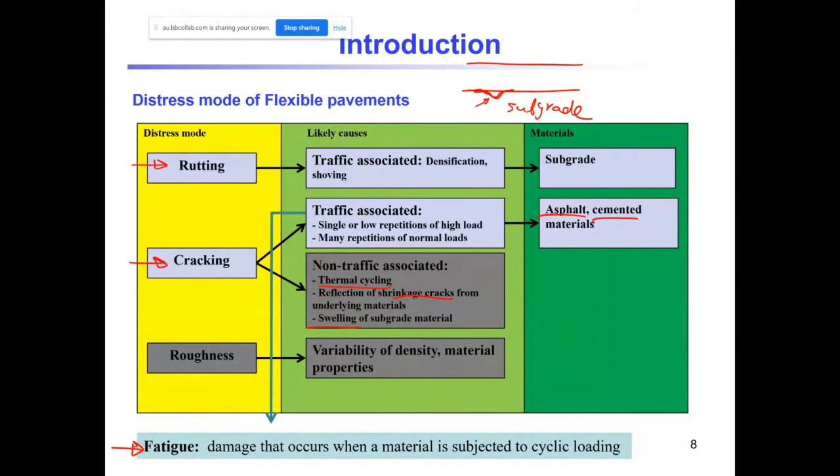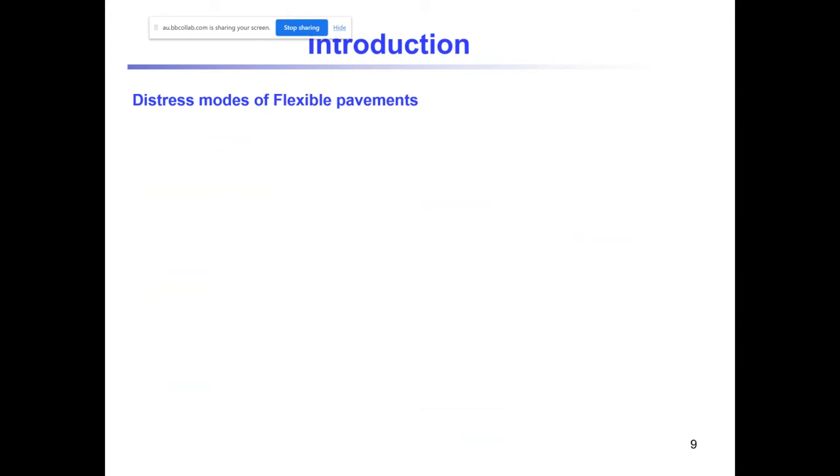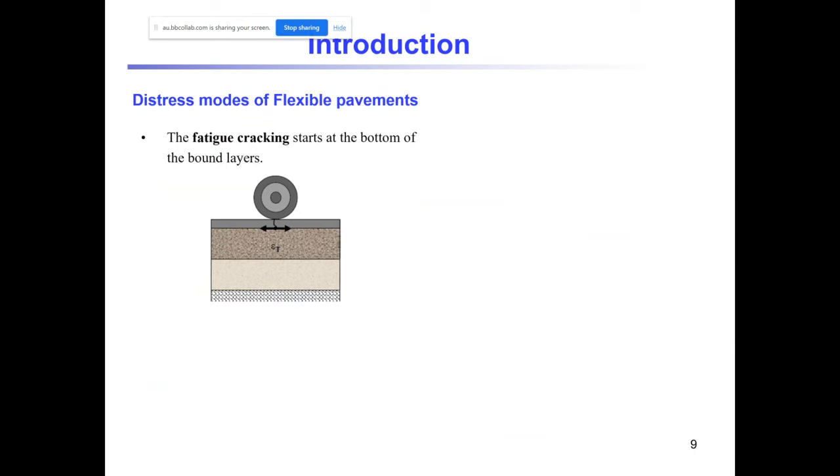Austroads, when we want to use Austroads for design of pavements, these are two modes of failure that we are considering: rutting as well as cracking. So the fatigue cracking, as I mentioned, starts at the bottom of the bound materials, for example the bottom of the asphalt, and it propagates and extends and reaches the surface.